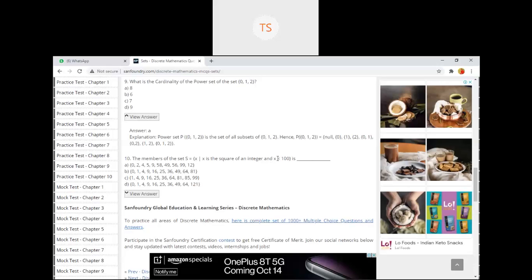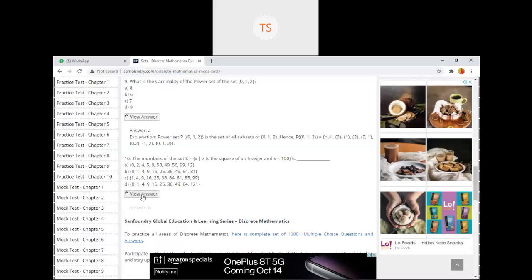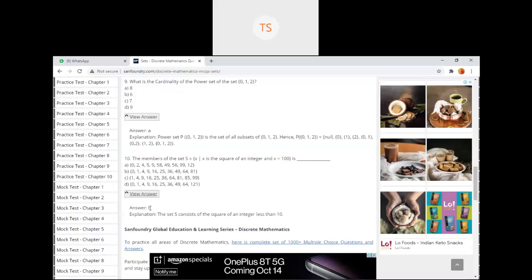Since x is less than 100, we cannot include 10 squared because 10 squared is 100. So the correct option is option B: the set S consists of the squares of integers less than 10.